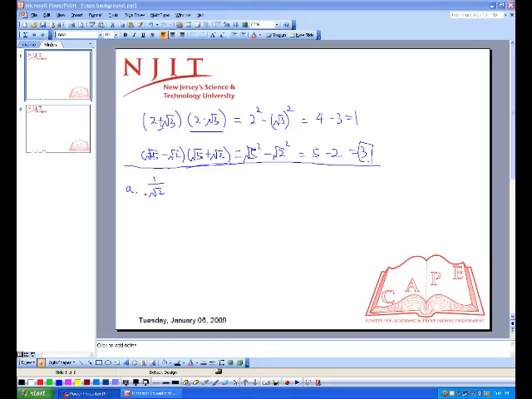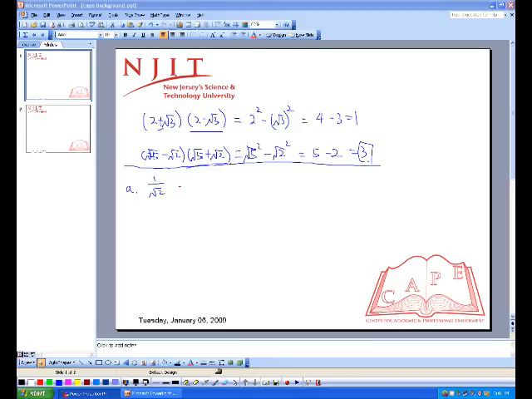So you want the denominator to be all whole numbers. So in this case, you have 1 over square root of 2. It's not rationalized because the denominator is a square root. You don't want it to be a square root.